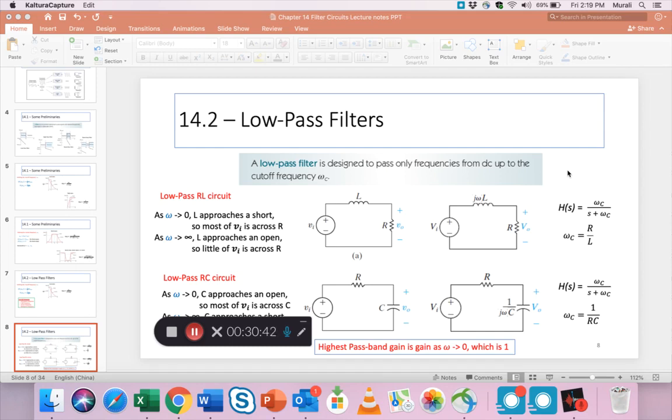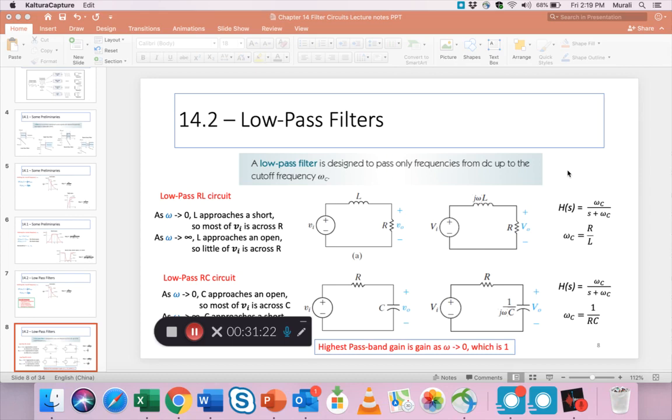So why does the LR circuit behave as a low-pass filter? Now we know that the L has a reactance or impedance which is proportional to the frequency. It's j omega L. So as omega becomes closer and closer to zero, that ohm's value across the inductor becomes lower and lower. So it can become zero at DC. So it's just a short circuit, a straight wire. We've already studied this, so this is not a new concept.